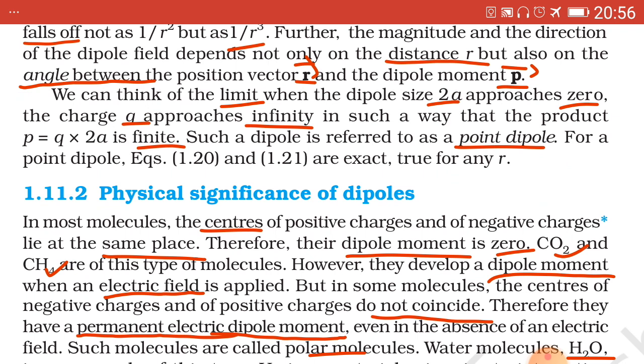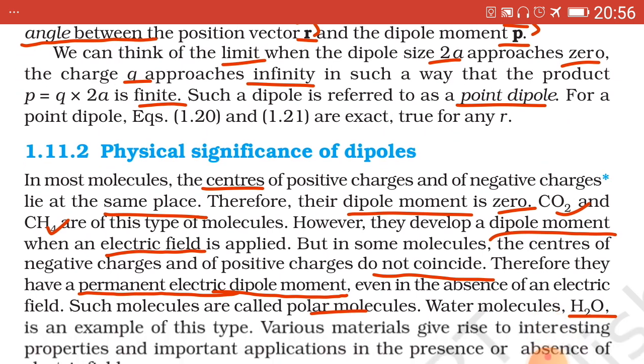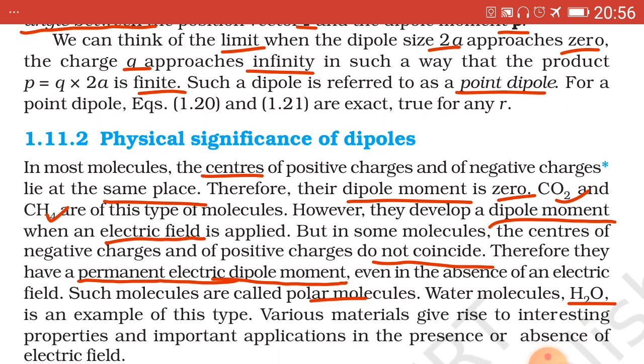Now, physical significance of dipoles. In most of the molecules, the centers of positive charges and of negative charges are at the same place. Hence, their dipole moment is 0. Such molecules are known as non-polar molecules. You can write it besides.